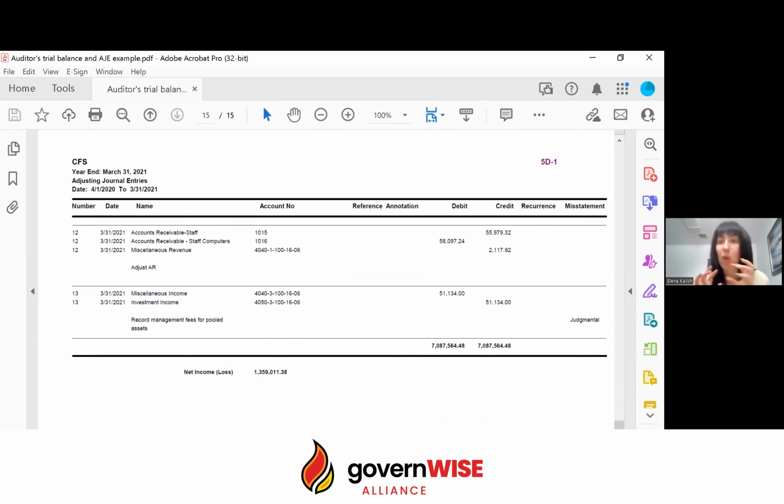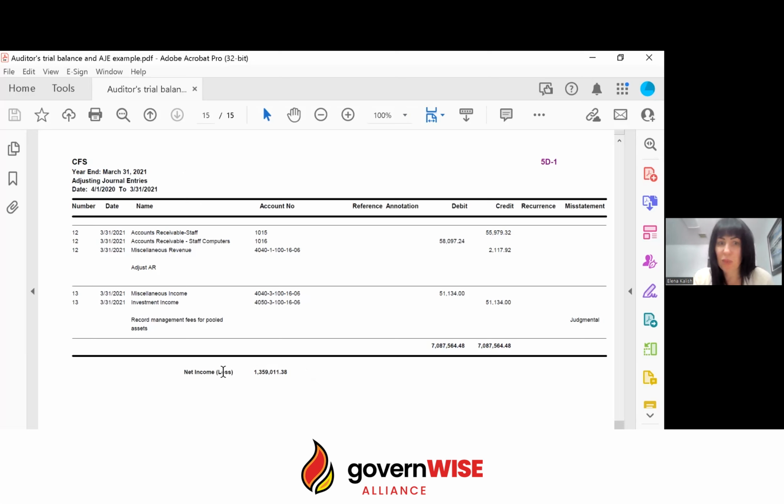So once I've posted those journal entries in my system, how do I make sure that I did it right? Well, all I have to do is go to my 2021 bottom line, my surplus or deficit, or my net income or loss, and compare it to the auditors.